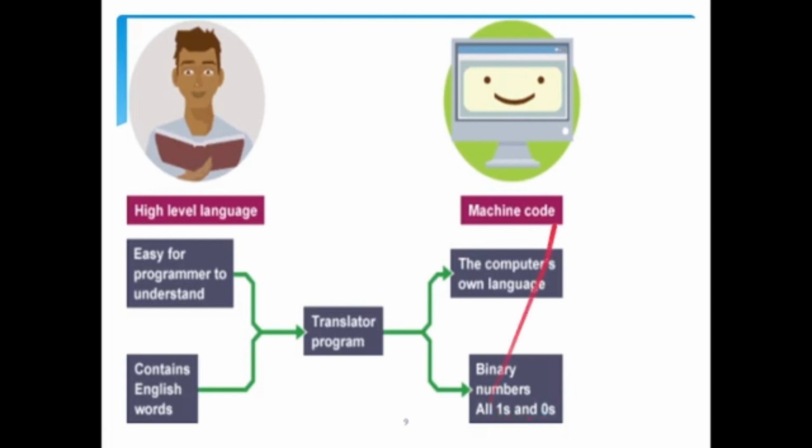So how can a machine understand a high level language? Simple, if you have a translator. We write a translator program so that the high level language is converted into machine level language so that the machine can understand it.